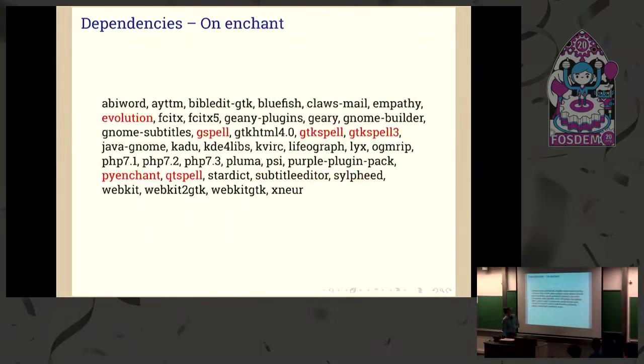Enchant is a well-known spell check abstraction. You can get spell checking, and it will see if you have aspell or hunspell or whatever installed, do the spell checking there and get it back. But you see also other spell checking modules or libraries are using Enchant.